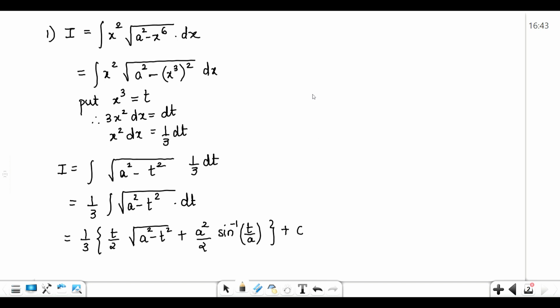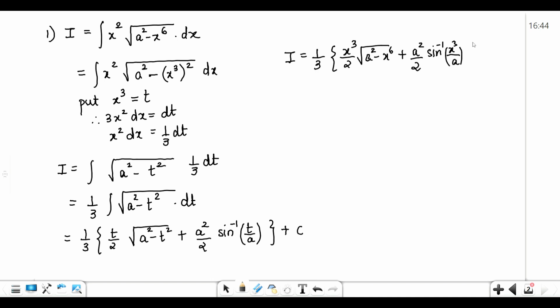After that, we can multiply this 1 by 3 inside if you want, otherwise you can keep it outside also. I'll keep it outside, and now we will resubstitute the value of t. Now the value of t was x cube, so this will be x cube upon 2 square root of a square minus x raised to 6 plus a square by 2, and this will be sine inverse of x cube upon a.